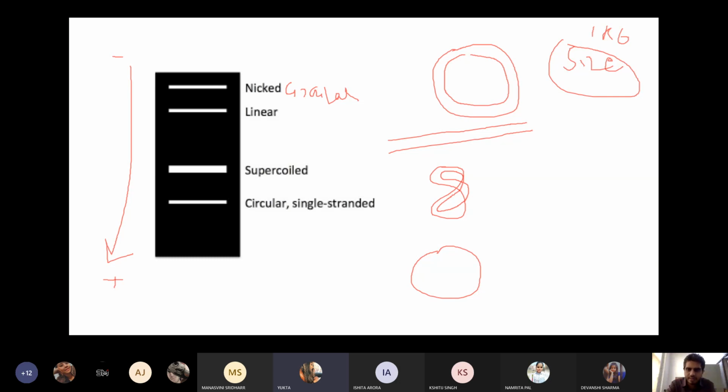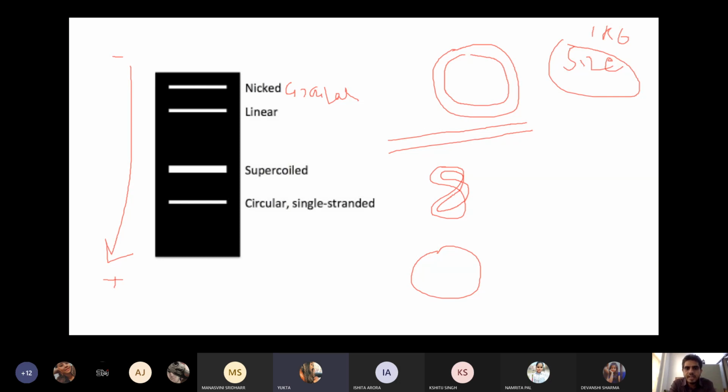Yes, you're right. The conformation is constricted in this, and the one which is moving at the fastest pace is the circular single stranded. Even though it is single stranded, it is mentioned that it is circular, so the conformation still remains a little bit confined. That's why it moves ahead of the nicked and the linear one.